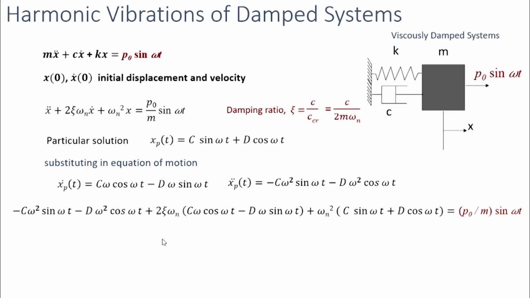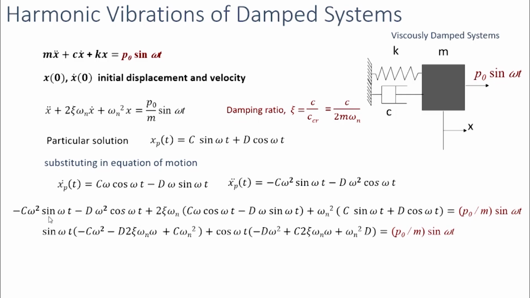Now we can rearrange this equation. We can collect all the sin omega t terms. So sin omega t multiplied by minus C omega square, then this term 2 zeta omega n D omega, then the next sin omega t term is this C omega n square.